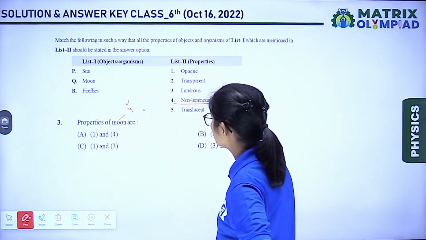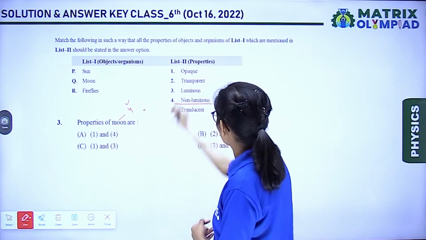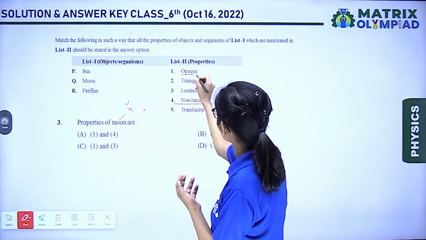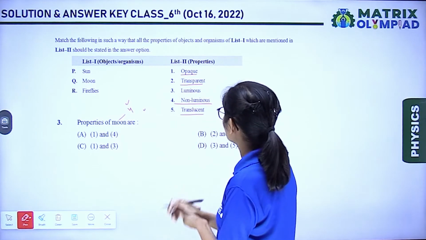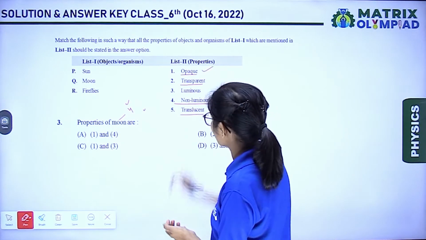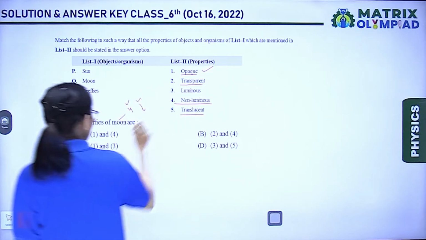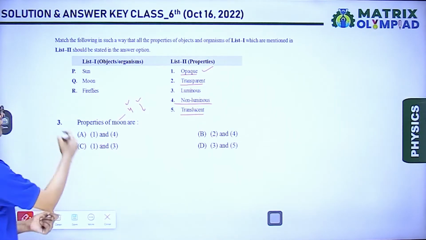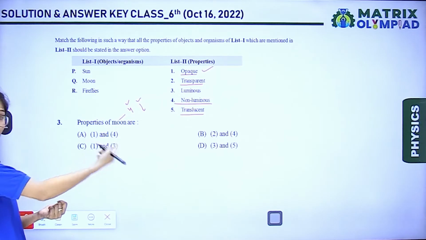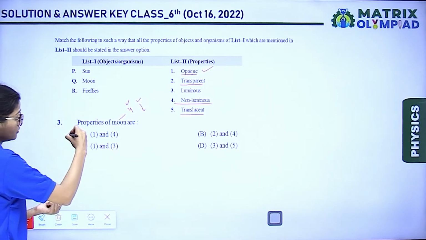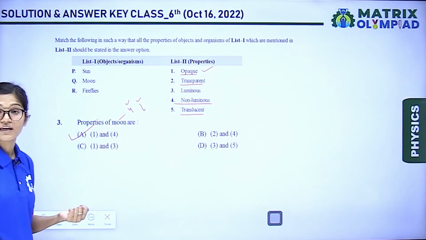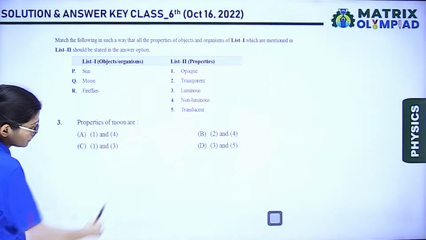So for the moon, the fourth one will be correct. And among opaque, transparent or translucent, the moon is an opaque object. So for this, the first and fourth are correct, and that is in option A. So our third question has the answer A.